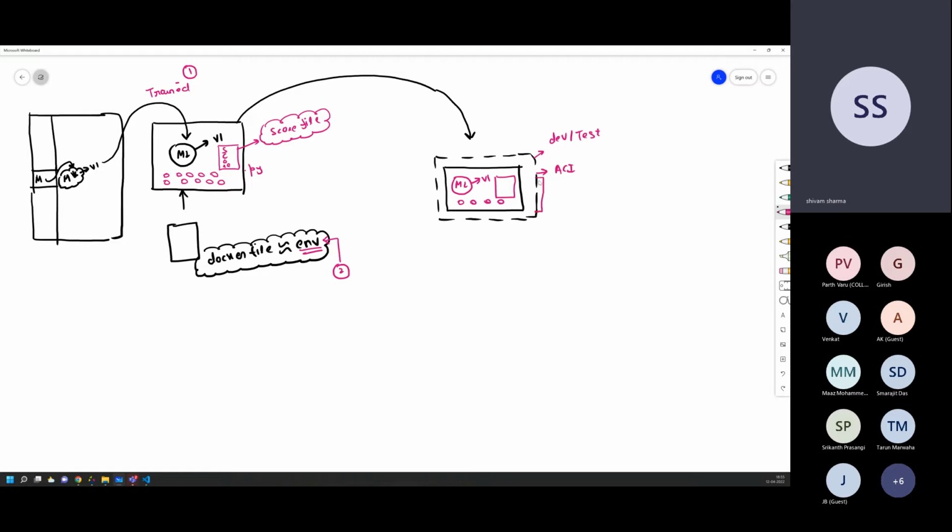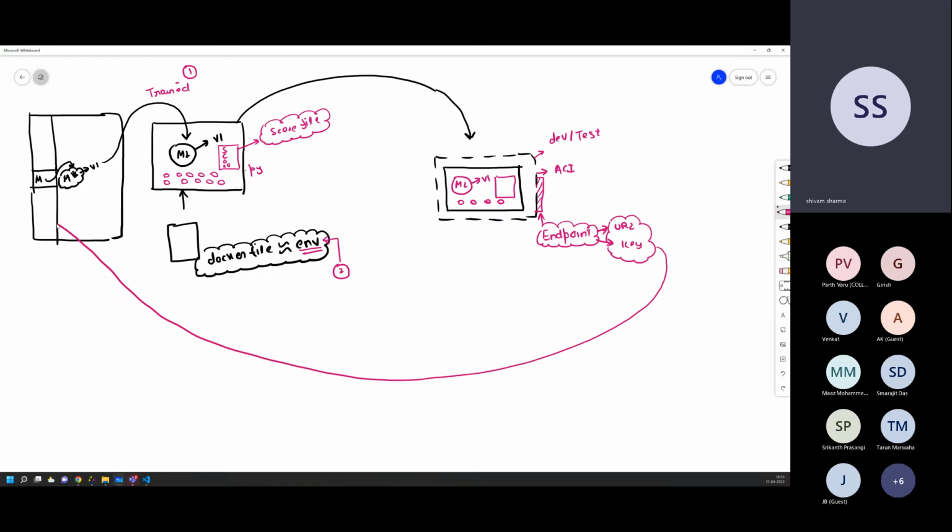And the endpoint which you were talking about is this endpoint. What is this endpoint? This endpoint will have the URL and the key by which authentication can be done for the API call. The information about this endpoint, like the URL and key, is what is listed in the endpoint section over there.